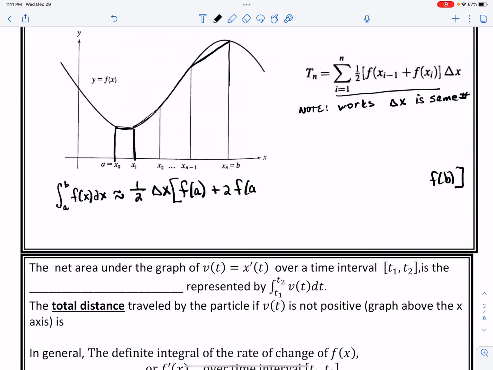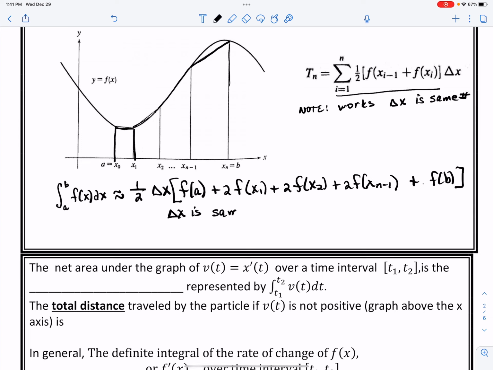So I should say 2 times f of x1 plus 2 times f of x2 plus 2 times f of xn minus 1, all the way down to f of b. And again, this is true when delta x is the same number.